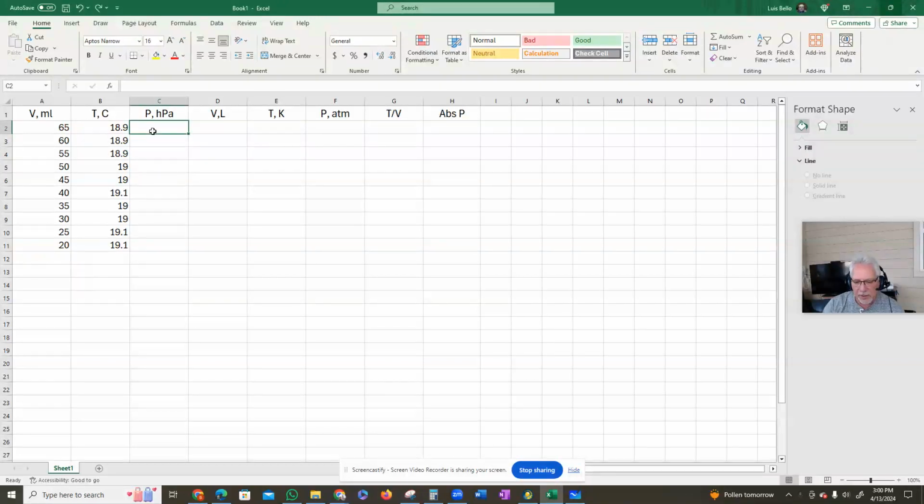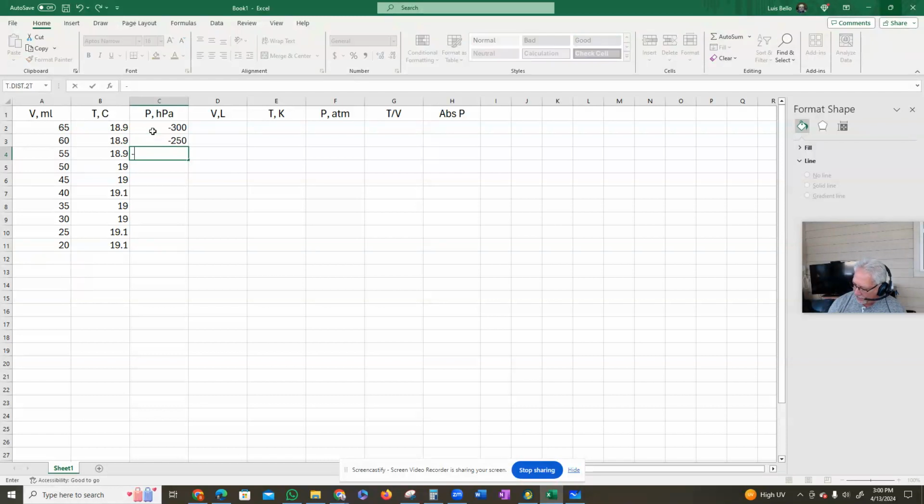So I need to type now the pressure that I got. The first pressure that I got in hectopascal, which is 100 pascal, will be 300 for the first one, negative 250 for the second one, negative 200 for the next one, negative 150, negative 50, and then after that it becomes positive 150 the next one, 450, 750, and 1150.